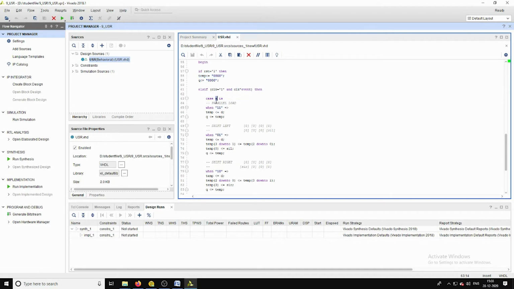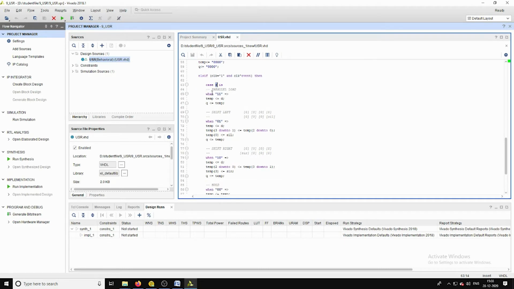If S equal to the value of 1 1, then we are going to perform the parallel load operation, that is we are storing the primary input D to the temporary signal, and this is the next step, assigning to the output signal Q.